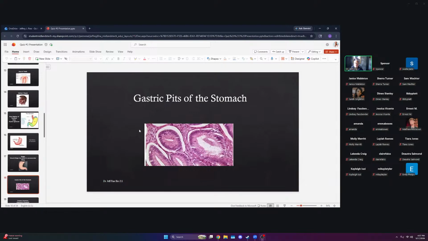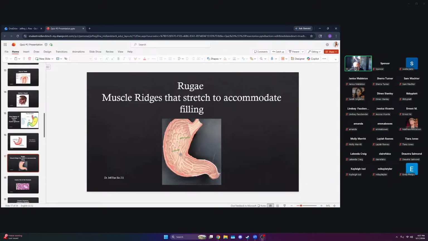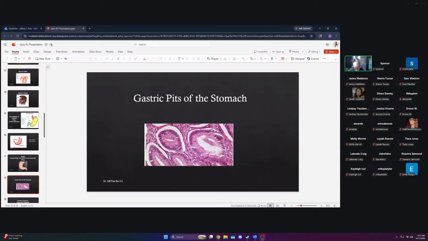All right. Then within the inner lining of the stomach, and we're going to talk a lot about the gastric pits. Okay. This is actually on the inner surface of the stomach. And on that inner surface of the stomach, around the rugae, are millions of little indentations.